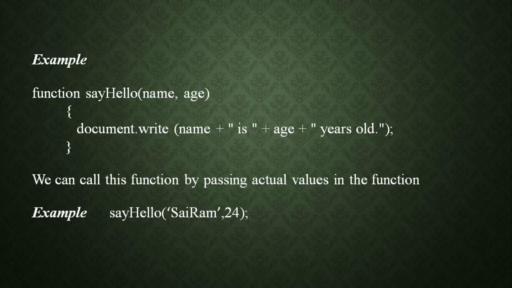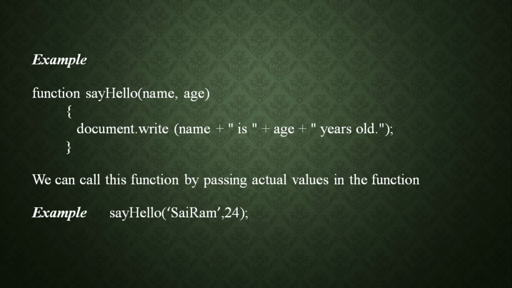Example for this. Here I am passing two arguments, one is name and the other one is age. Function is a keyword, sayHello is the function name, and the list of parameters are name and age. And the code that is to be executed, I am writing document.write name, I am printing name and age.